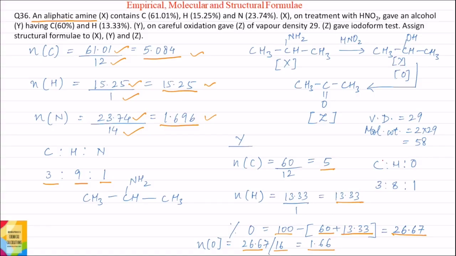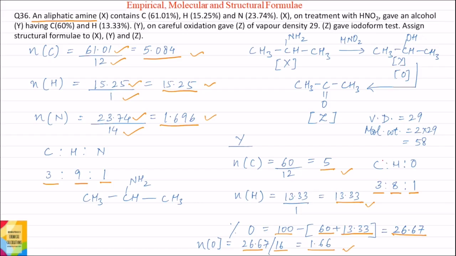Now dividing moles of carbon, hydrogen and oxygen by 1.66, we get a simple ratio of 3:8:1. Now this compound Y is also a 3 carbon compound, and Y is an alcohol.